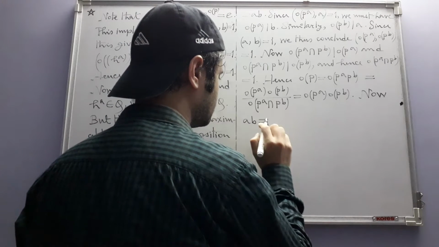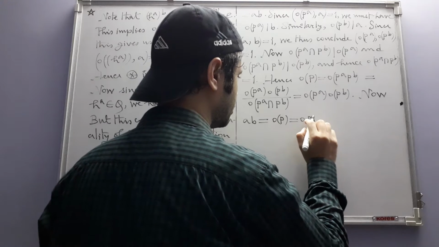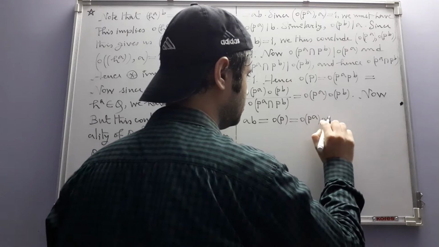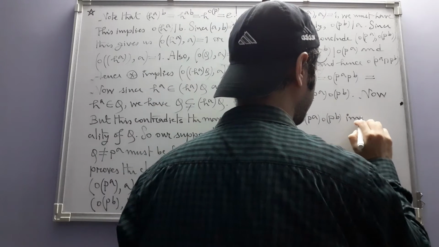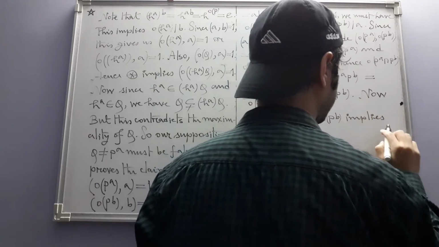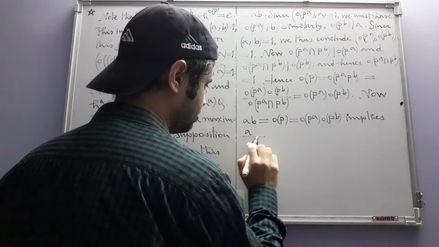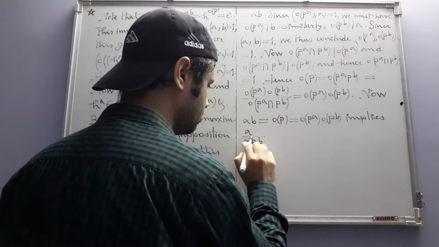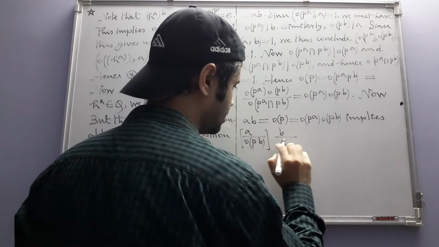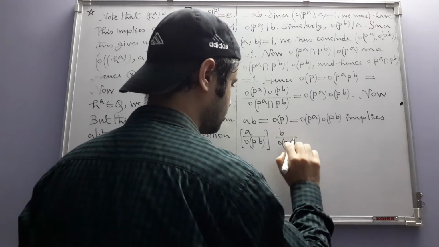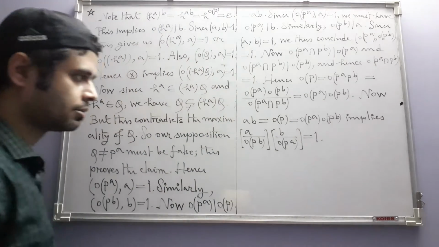Now AB is equal to order of P. This is equal to order of PA times order of PB, and this implies A divided by order of PB times B divided by order of PA is equal to 1.